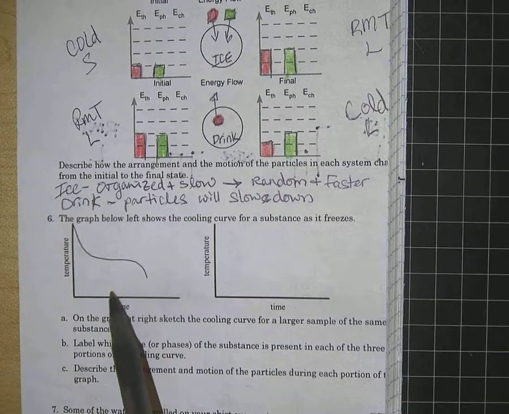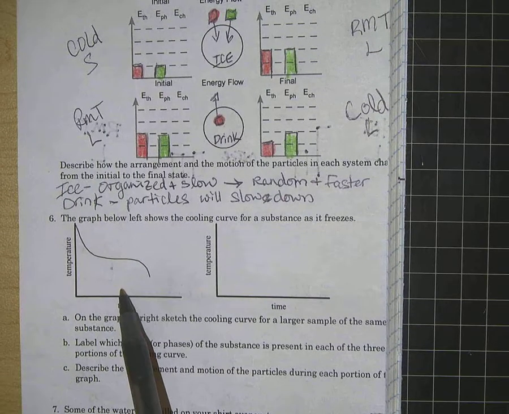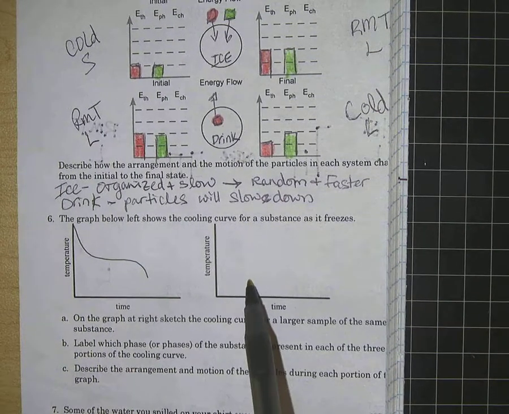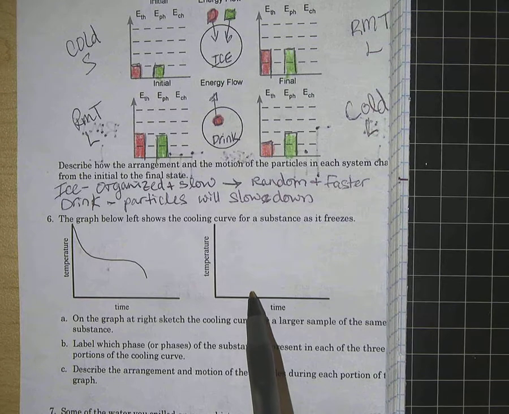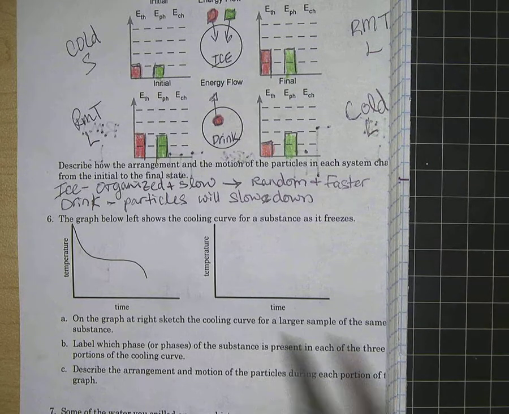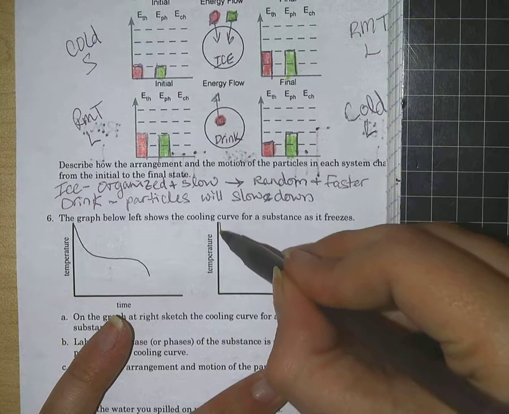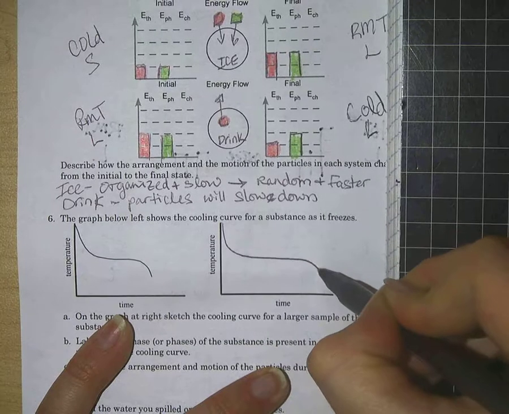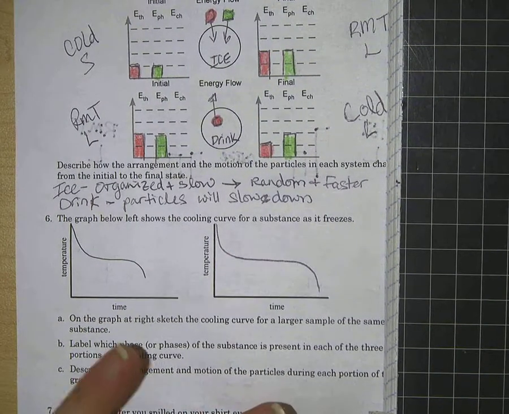Let's say this represents a small cup of water that you put in the freezer. What would it look like if you had a big bucket of water that you put in the freezer? Should take a lot longer, right? Just like it goes faster if you heat something faster. So we're going to take that same curve and we're just going to slow it down. It's going to take longer, stretch it out.